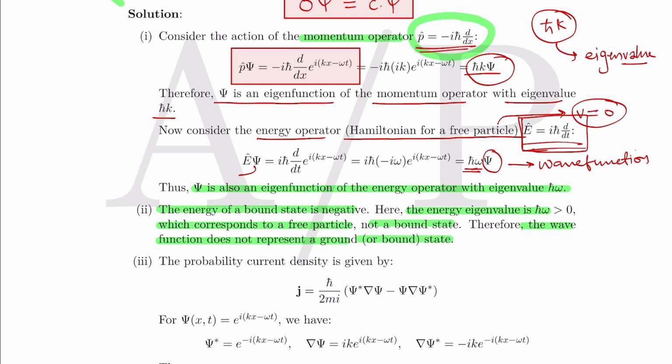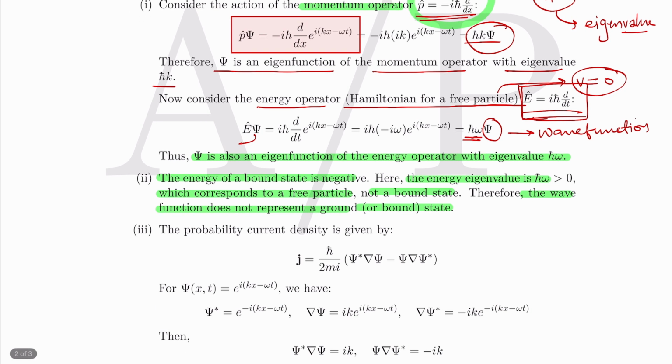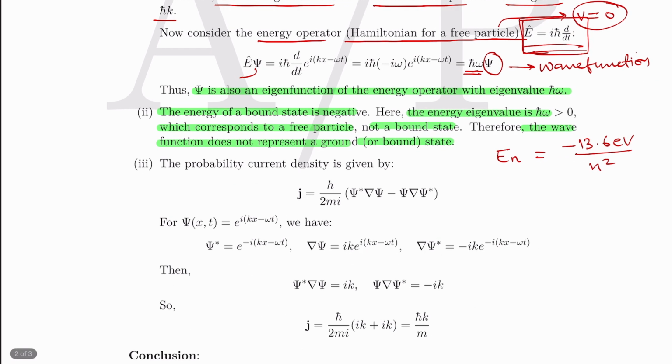The particle being in the ground state invariably means the particle is in a bounded energy state. For example, you can check the hydrogen atom, where the energy is given by minus 13.6 electron volt over n squared. Whatever the n is, in each and every case the electron is in a bound state, and that is why the energy is negative.